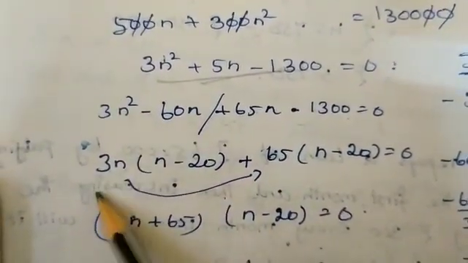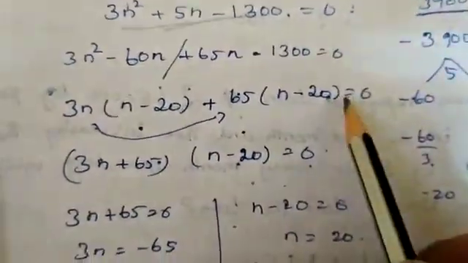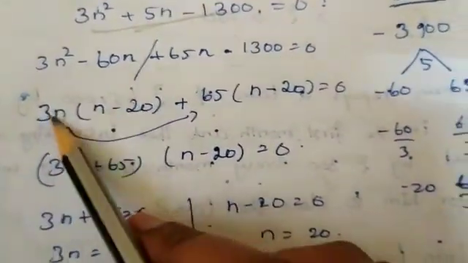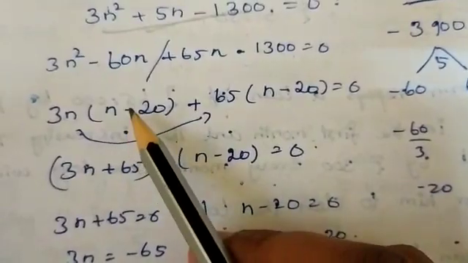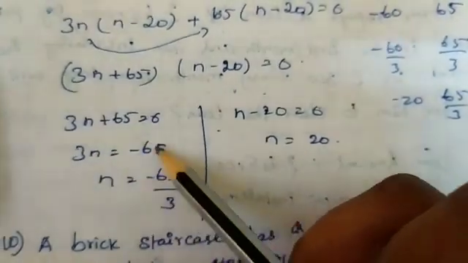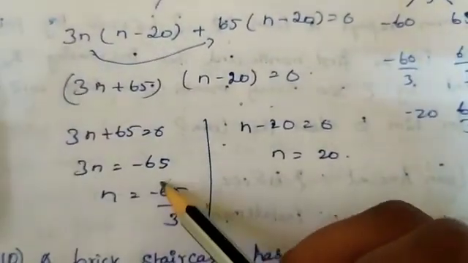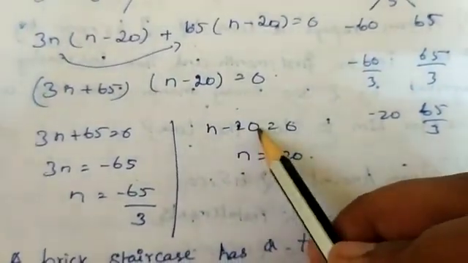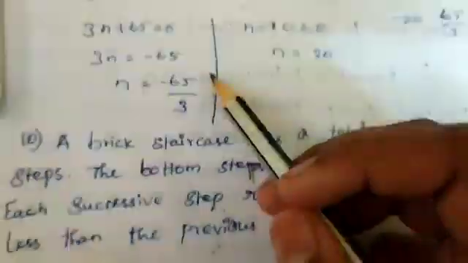I am taking 3n common outside and 65 common outside, equal to 0. So that is 3n plus 65 is a factor and n minus 20 is a factor equal to 0. 3n plus 65 equal to 0 means 3n equal to minus 65, n equal to minus 65 by 3. Okay. Then n minus 20 equal to 0 means n equal to 20. So these are the two values.